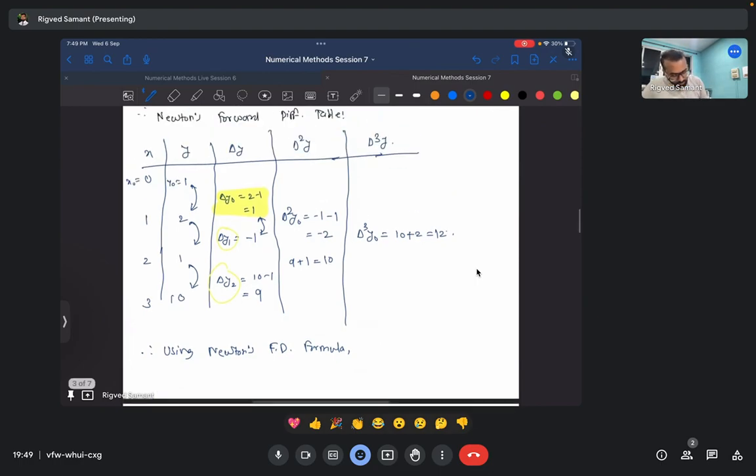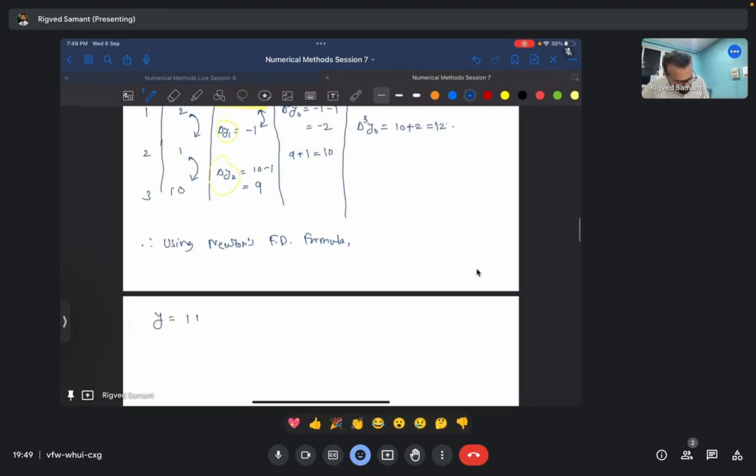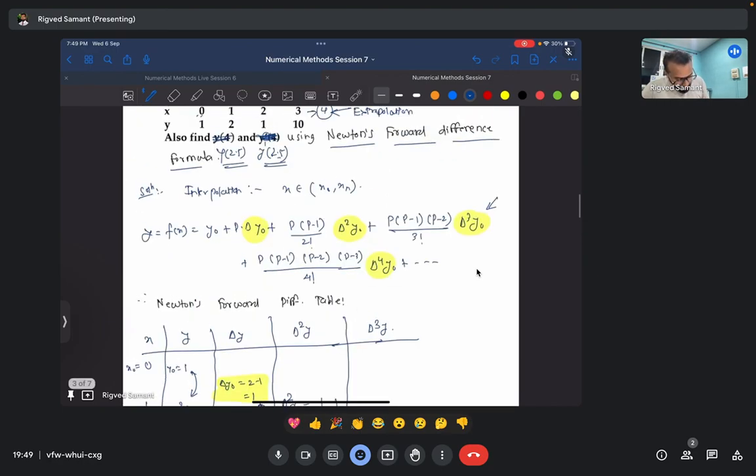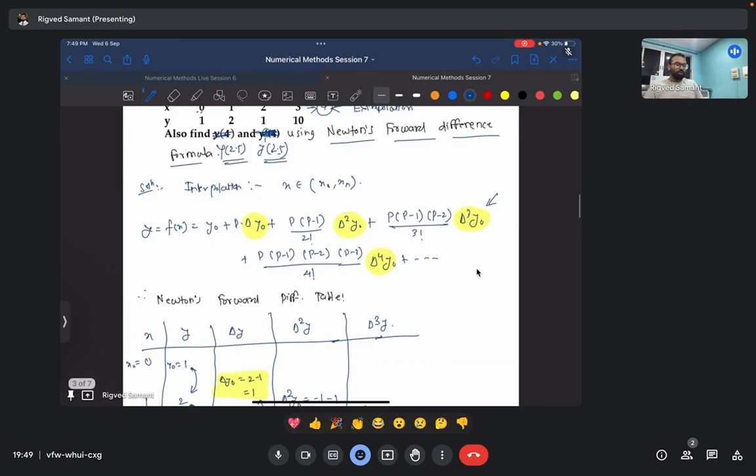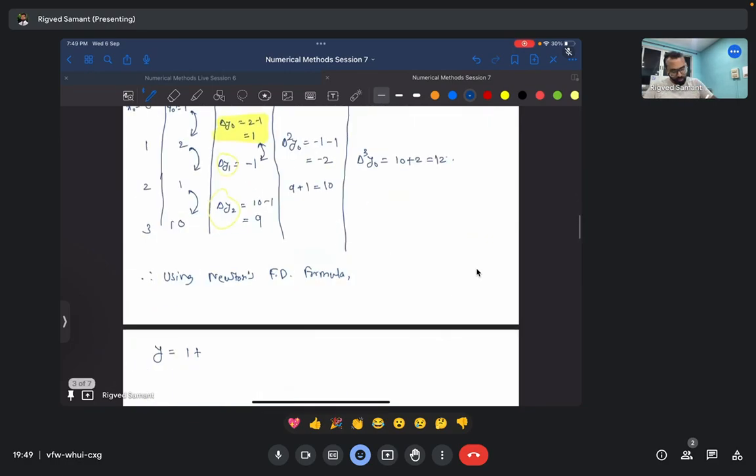Y naught is 1 plus p into, so first we have to calculate what p is. I didn't tell you how to calculate it, so before going further, I'll tell you. Here p is nothing but x minus x naught divided by h.